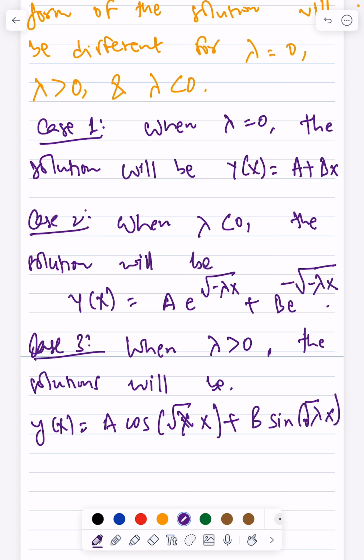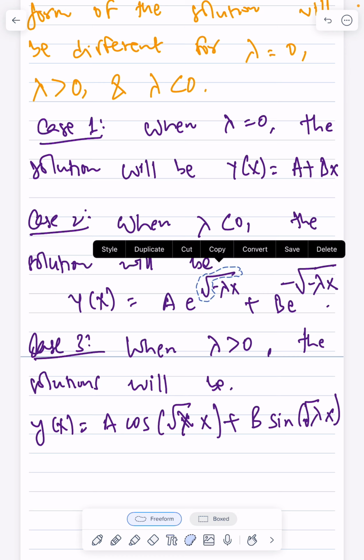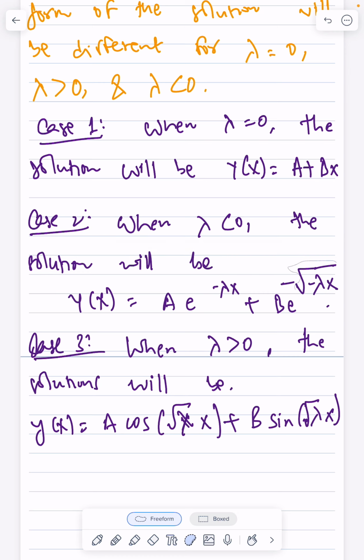I just realized this x is outside of the square root, right, so x is outside of this square root.